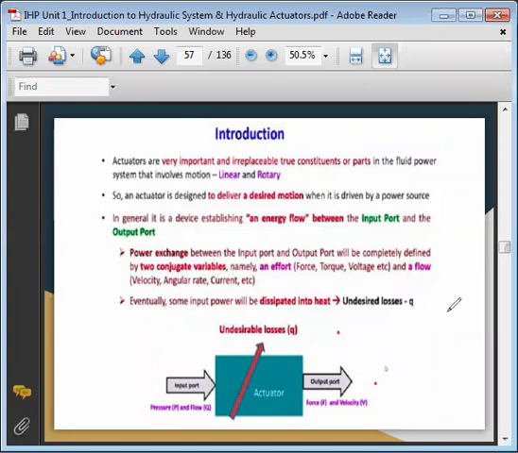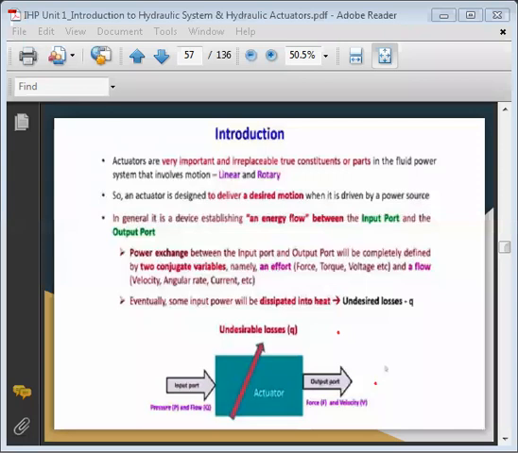See, hydraulic actuators have two types, based on the type of motion produced. One is the linear actuator, also called your hydraulic cylinder.